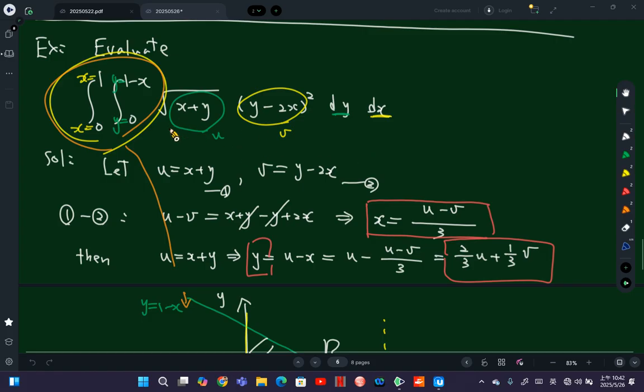For example, we dislike a complex form under the square root, right? So why not set u to be x plus y? And similarly, we dislike a complex form here because we need to calculate its square. So why not set it to v? So we let u equal x plus y, v equal y minus 2x.